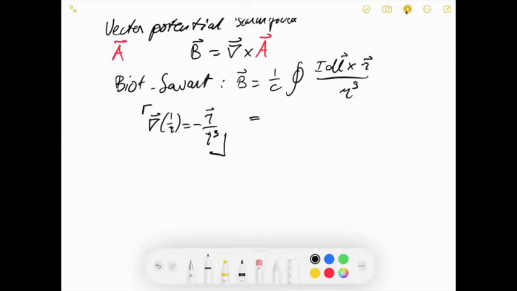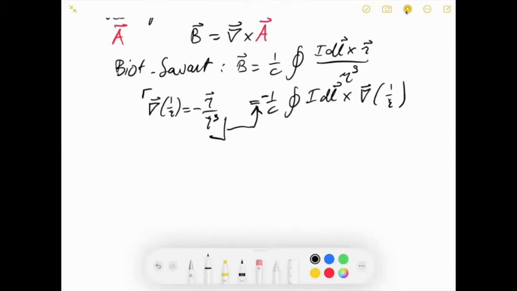So if we stick this in here, then we can rewrite this as the line integral of I dl crossed with the gradient of 1 over R, but we need a minus sign.